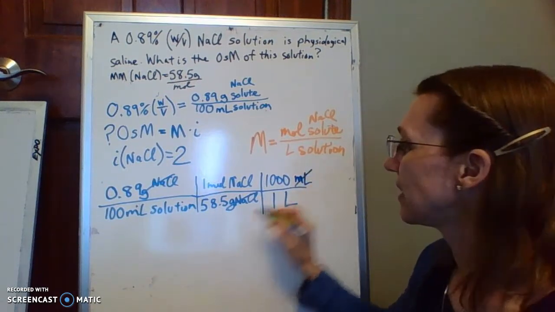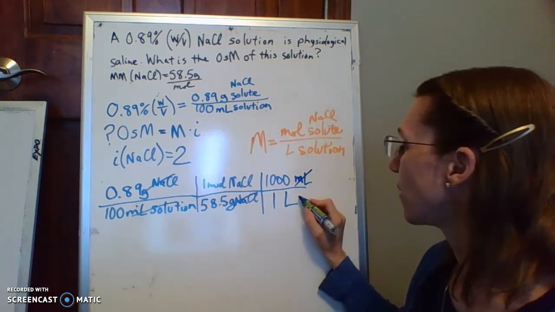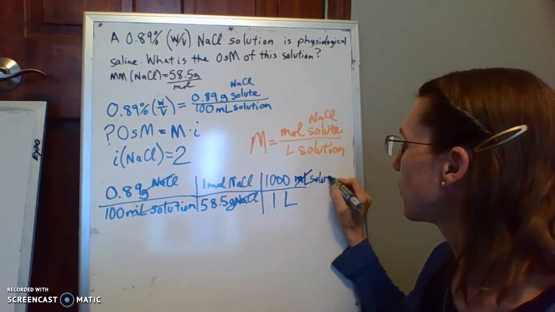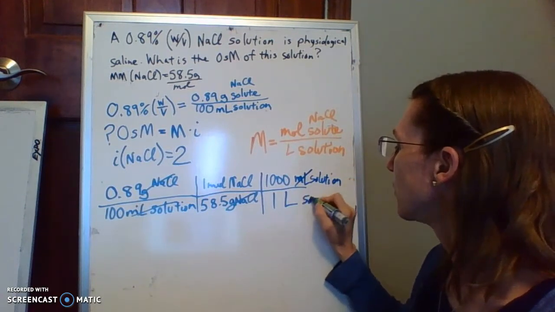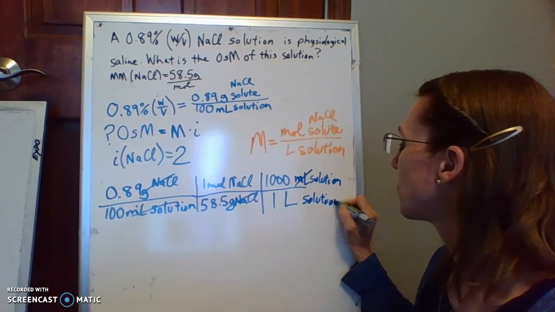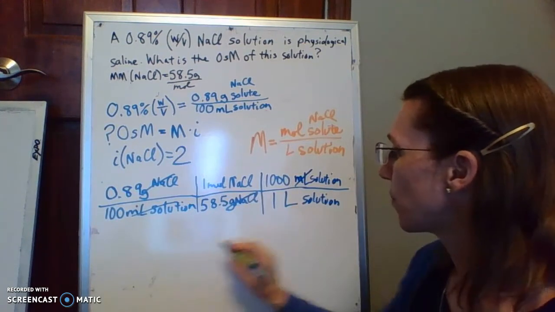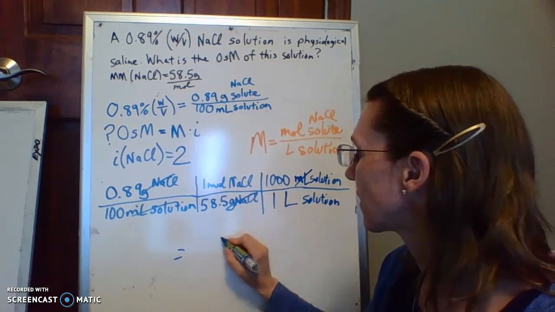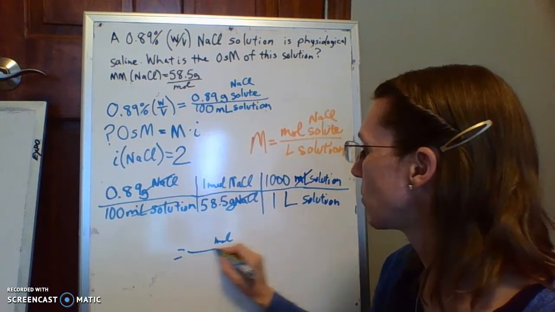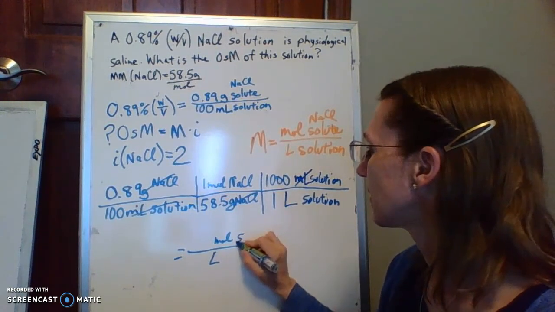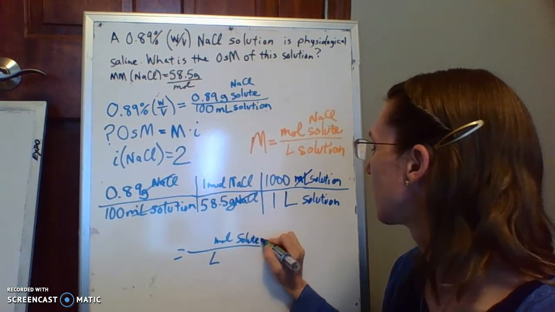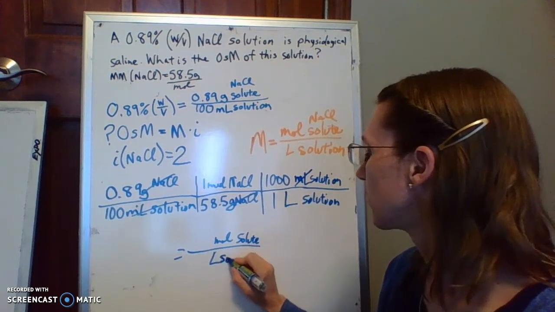Okay. Milliliters cancels out with milliliters, and this is of solution, and of solution, we'll end up with moles per liter. So we'll do this calculation. Our units will be moles per liter, and that's the solute to solution.